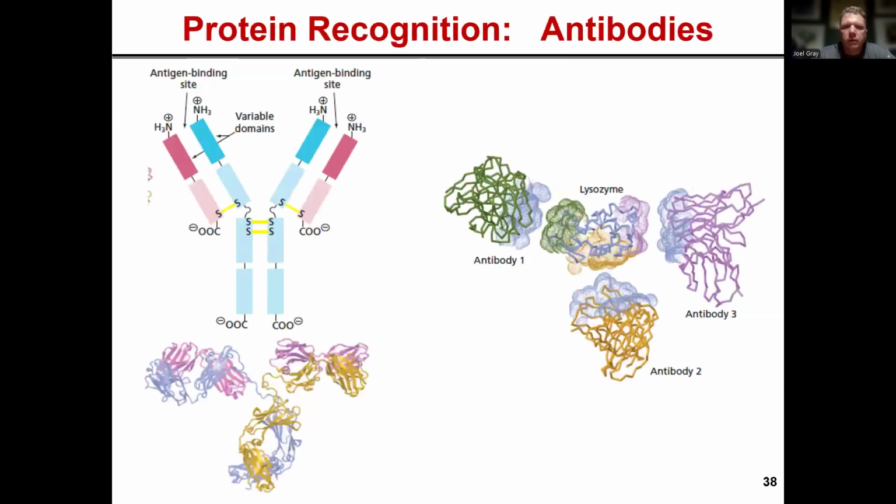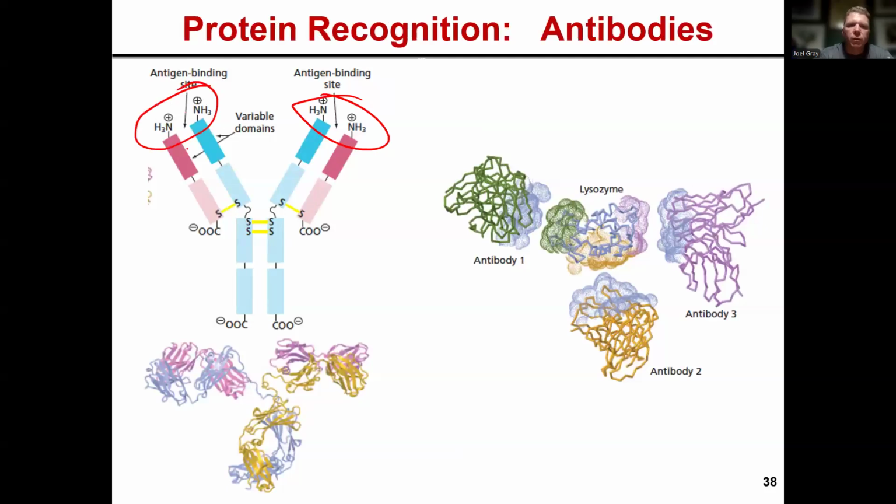Now, antibodies are also proteins that are able to detect specific epitopes, specific molecules, and they have a region that is very sensitive to that.